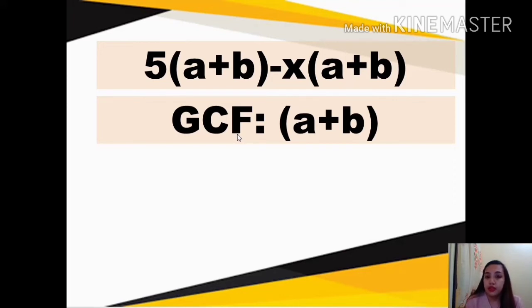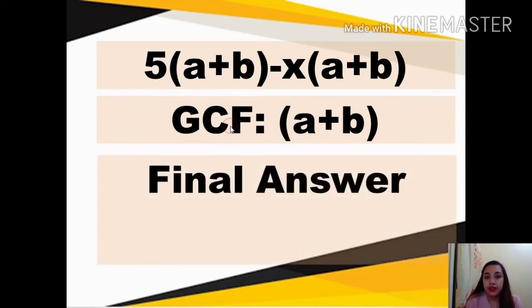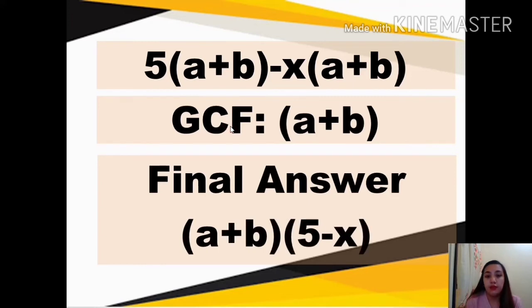Now, no need to solve it or no need to divide kasi ang natitira na lang is 5 and then dun sa kabila is negative x. So, all you have to do is just rewrite them and rearrange them. So, the final answer will be a plus b multiplied by 5 minus x. So, that is the answer.